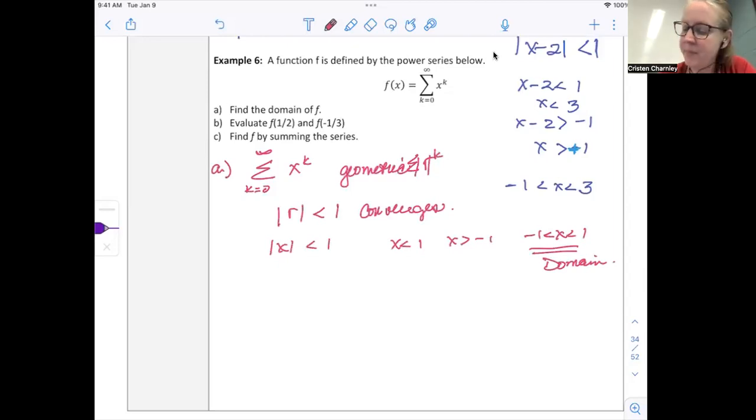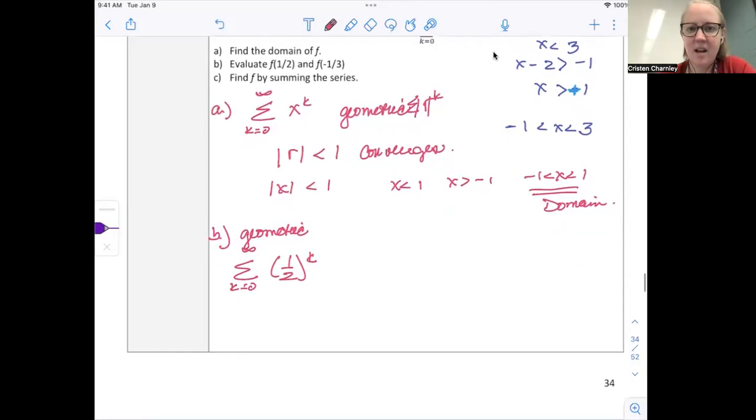Okay, no problem. Letter B. We want to evaluate f of 1/2 and f of -1/3. So again, we're going to treat it as a geometric series. So if x equals 1/2, that 1/2 still goes in place of x, but it goes inside of the series. So this is k equals 0 to infinity of 1/2 to the k power.